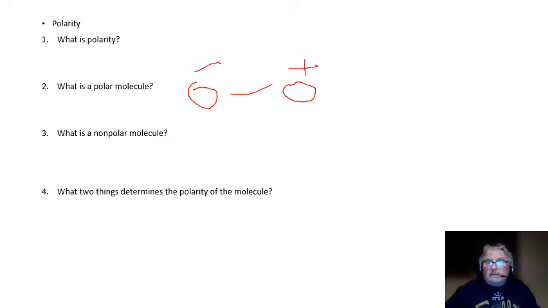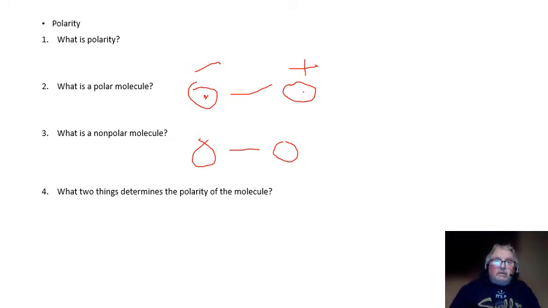And so it has a plus pole and a minus pole. A nonpolar molecule does not have that. This is not oxygen. These are just atoms or parts of atoms. This bond here is equally being shared between these two things. Up here, it's unequal. This guy over here has a stronger pull than this over here, and so it makes it polar.